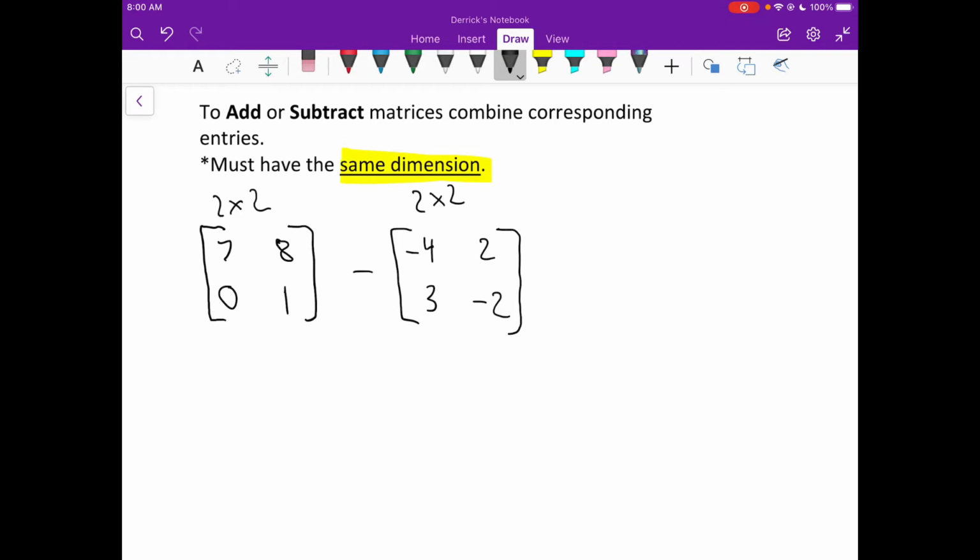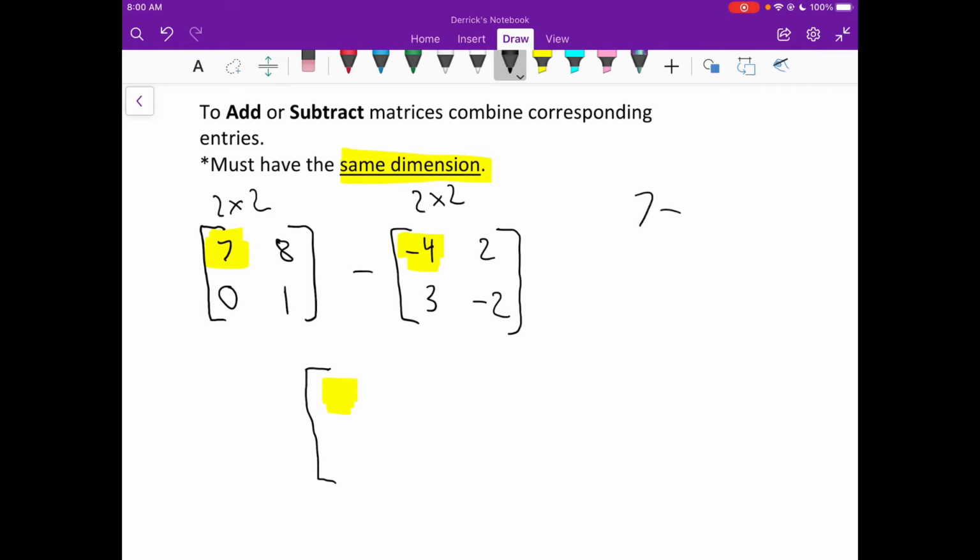So my top left, my first entry in my first matrix is 7. My first entry in my second matrix is -4. If I want to subtract these two matrices, my answer is going to be another 2 by 2 matrix, and the first number in my answer matrix will be the solution from 7 minus -4.